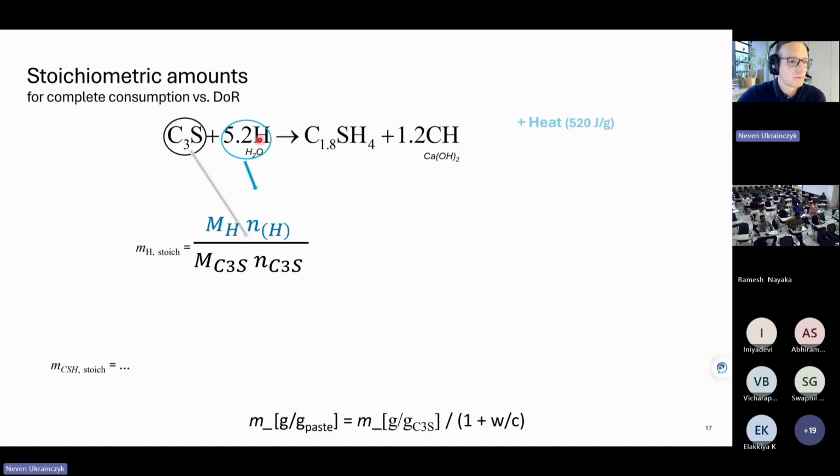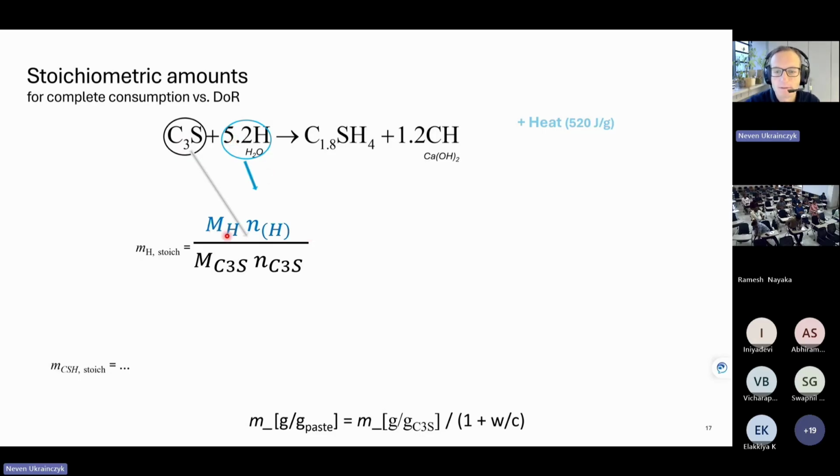This is what you would do if you are not a chemist. You would just want to know the mass of water divided by the mass of C3S. But actually it's not the mass, it's the molar mass, multiplied by the stoichiometric coefficients. So that's the whole idea about the chemistry. You just need to know that you have to work with molar masses, not the masses, and also with the stoichiometric coefficients, because here we have 5.2.